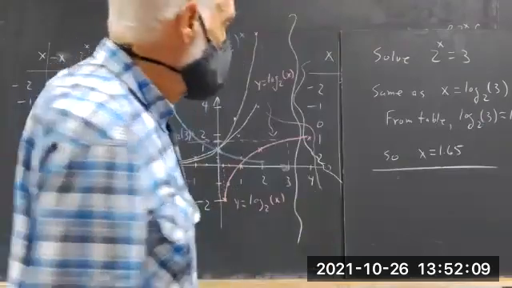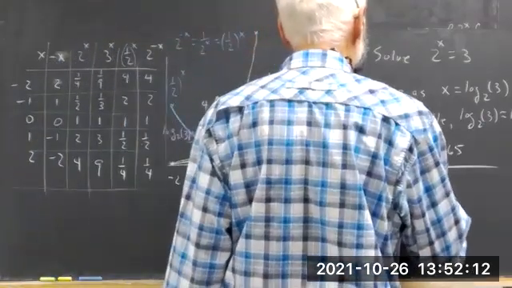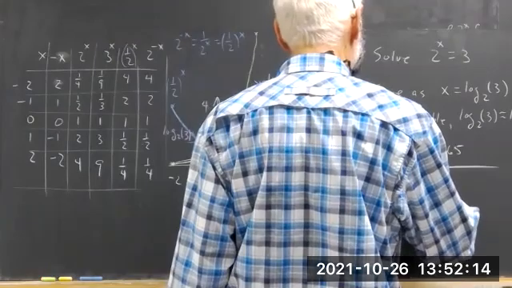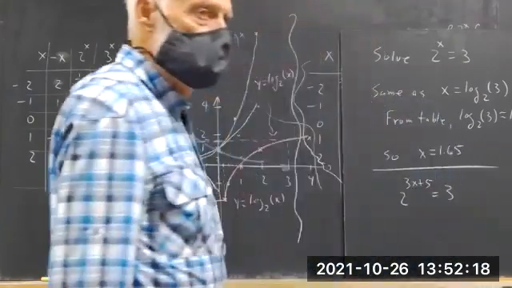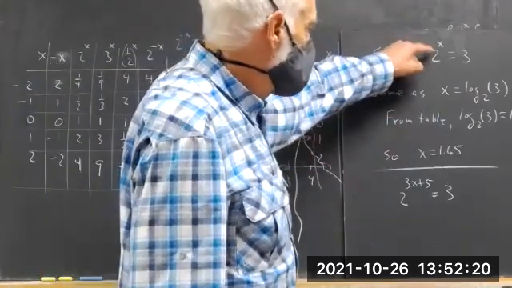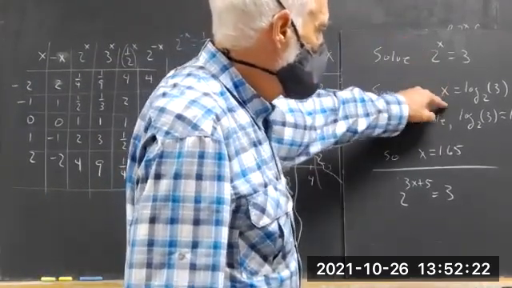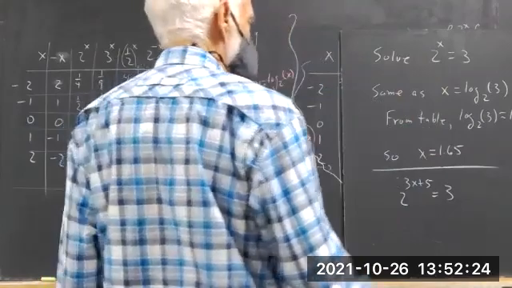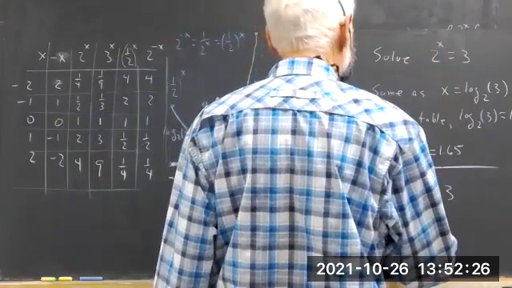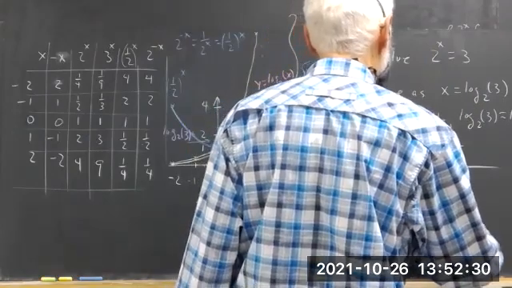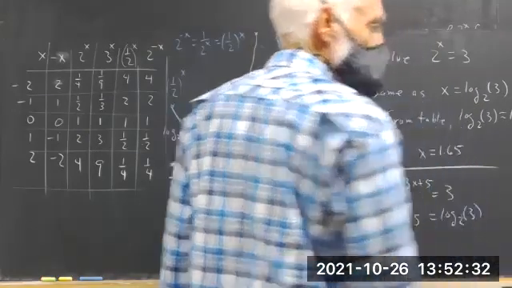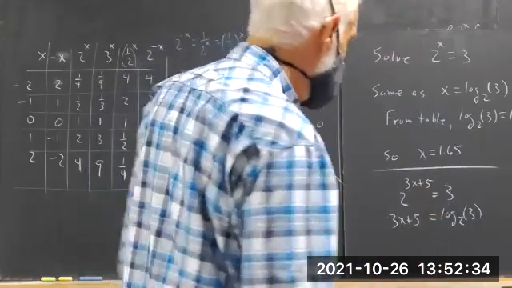Okay, there's your solution. What would your solution to this equation be? Well, we can put this into this form, except instead of x here, we've got 3x plus 5. 3x plus 5 is log base 2 of 3.